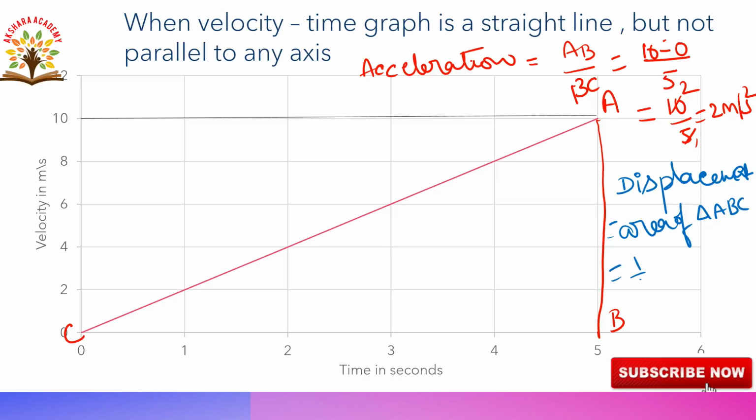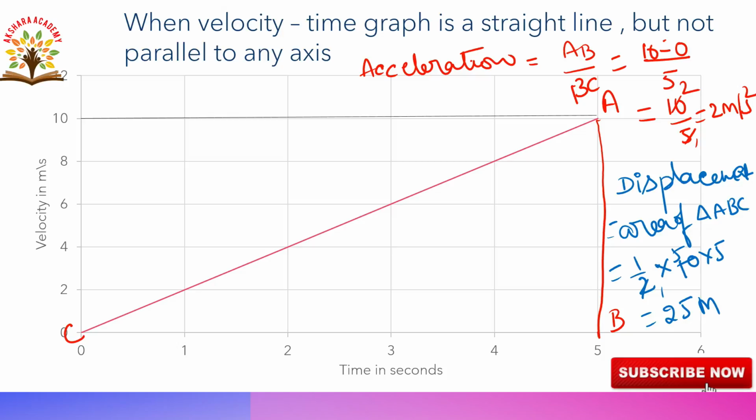Area of a triangle is half into base into height. Half into 10 into height, how much? 5. So 2 ones are 2, 5 fives are 25 meters. So from this graph we calculated distance covered in a specific direction, or displacement, and acceleration.